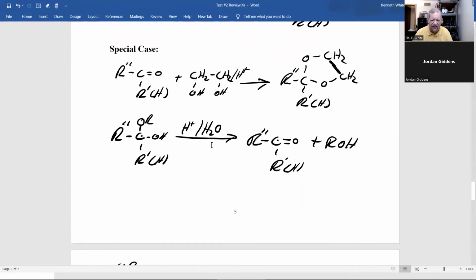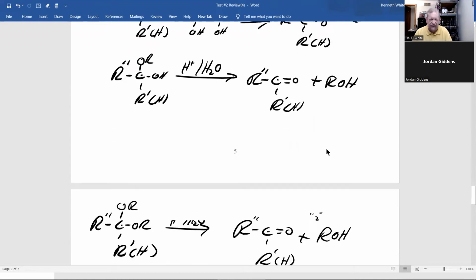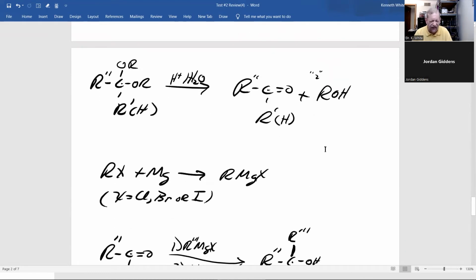Now, once you have a hemiacetal, you can add acid and water, and you get back the aldehyde or ketone plus the alcohol you would have used to make that hemiacetal or hemiketal. Yeah, I'm getting my hemi and regular mixed up.